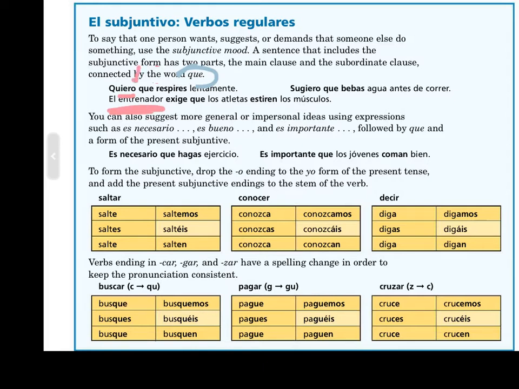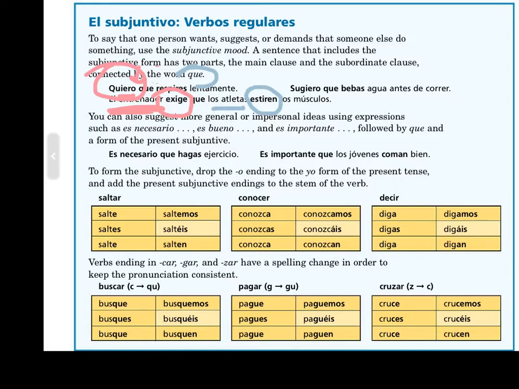Our verb 1 is exige. Then, of course, we have que. And then, los atletas is subject 2. We're going to underline that in blue. And then estiren is our subjunctive verb because it's verb 2. So the coach demands that the athletes stretch their muscles.